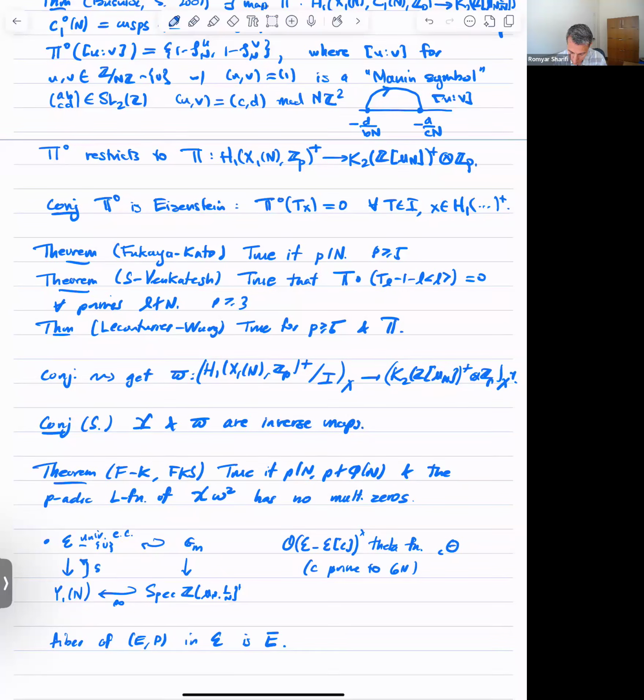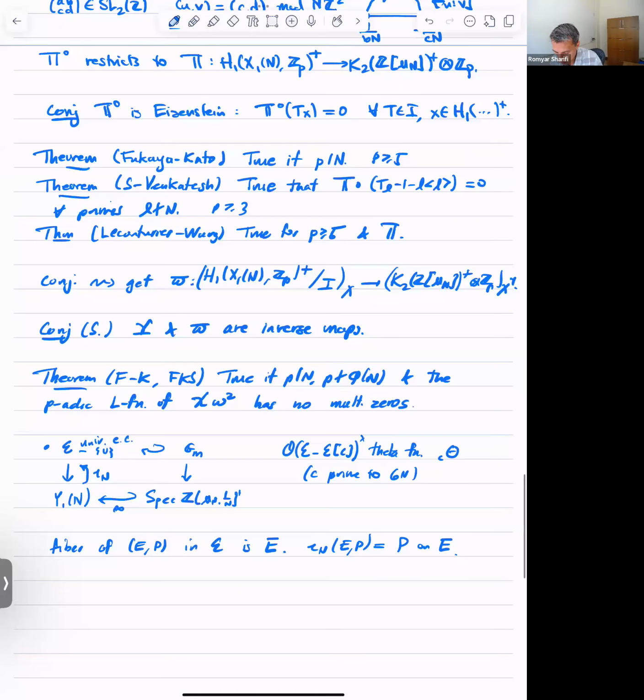Let me call this s_n, or maybe Yoda_n. Yoda_n of P is then the point P on the fiber E. And so you can pull this thing back by, let's say, U times Yoda_n, and then you get what's called a Siegel unit on the modular curve.